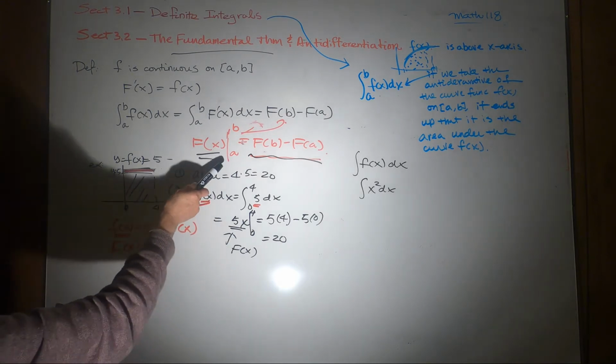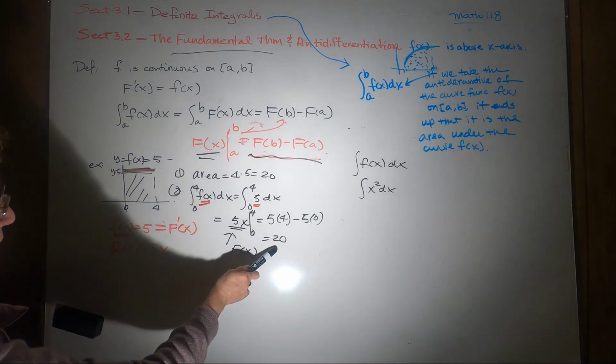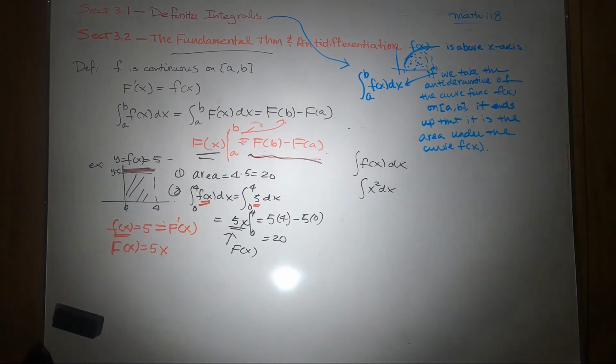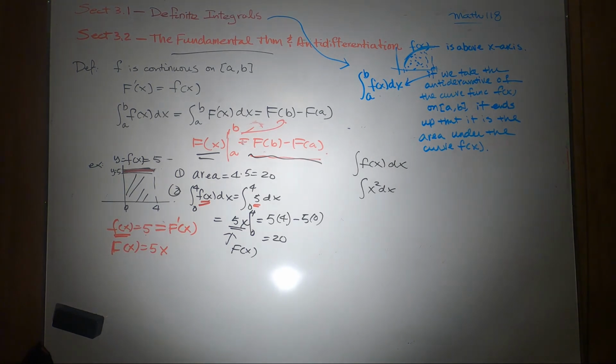If I plug in my values a and b, the result I get is the same thing as the area. Can you see it? It's called the Fundamental Theorem, and anti-differentiation. So they mean the same thing.